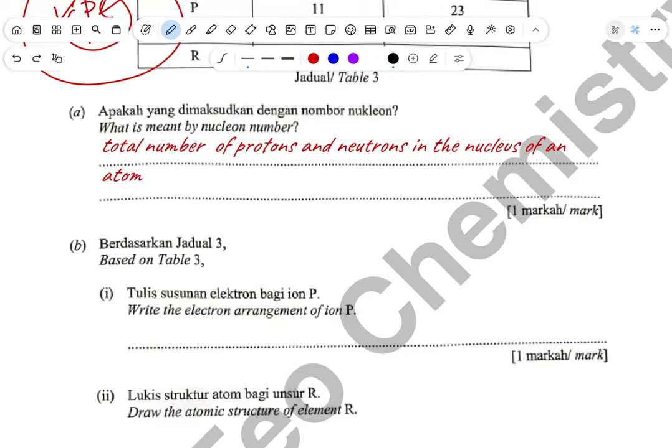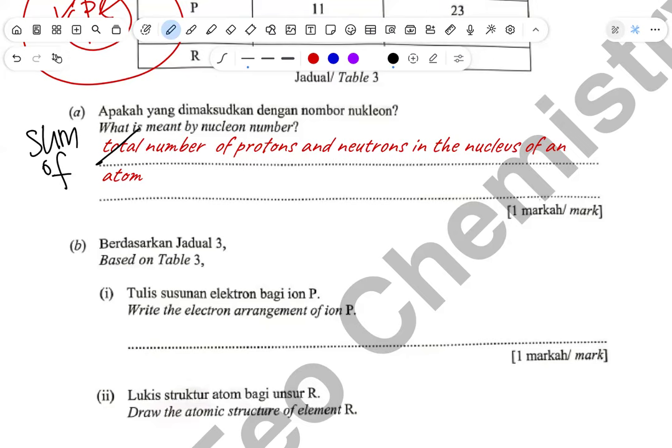So you can check my answer and check your answer. You see what is missing. It is very common that some miss out the nucleus, some miss out the atom. So you have to be careful. But for this group so far, the answers that I saw in the chat box, most of you are doing quite well. If you don't want to use the word total, you can change it with another word, sum.